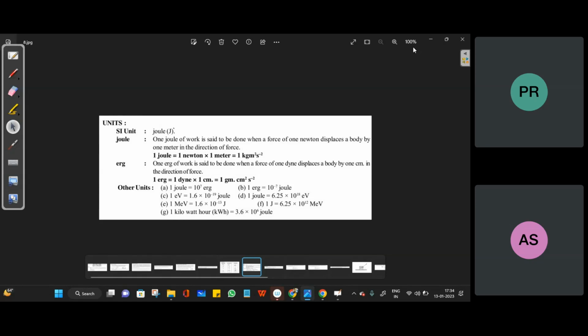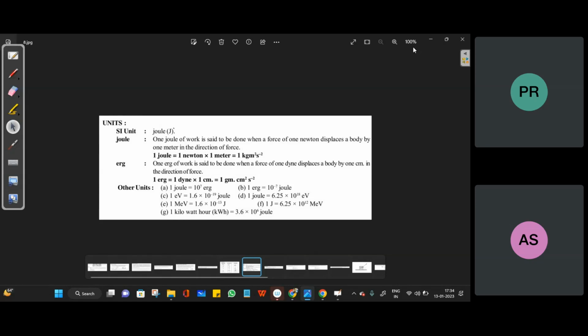But that Newton meter has been given a special name. We call it joule. Joule is the SI unit of energy, and erg is the CGS unit of energy. There is a relationship between the joule and the erg, which you can also derive using the dimensional formula.